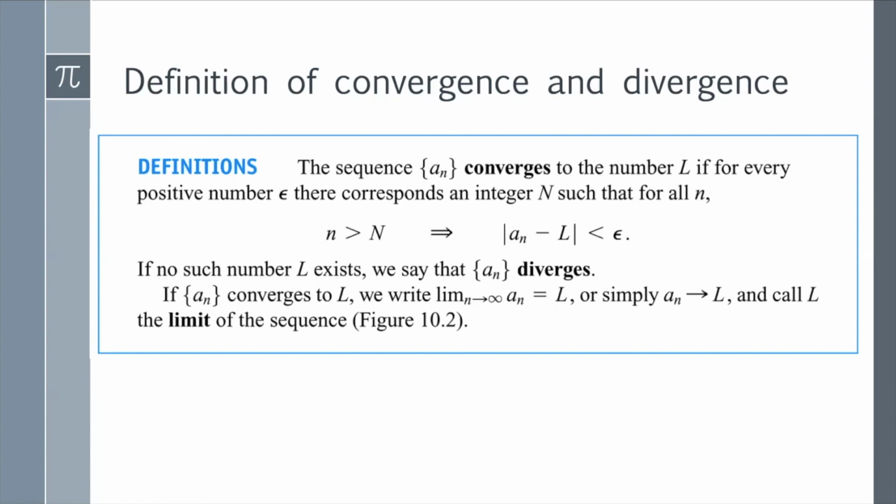No matter how narrow you make that tube, and the narrowness depends on epsilon, all of the terms of the sequence from some number on, that number being big N, will fall within the tube. And if no such number L exists, we say that the sequence diverges. If a sub n converges to L, we write the limit as n increases without bound of a sub n is equal to L, or simply a sub n approaches L, and we call L the limit of the sequence.